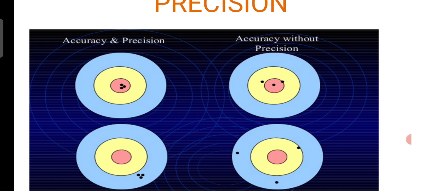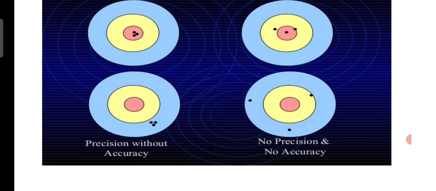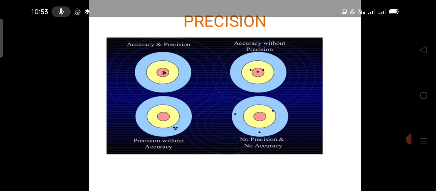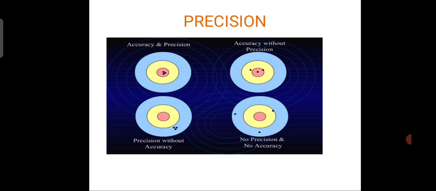See, these values are near but not precise because they are not that close to each other. Here no accuracy and no precision. Last figure. So this is accuracy and precision.